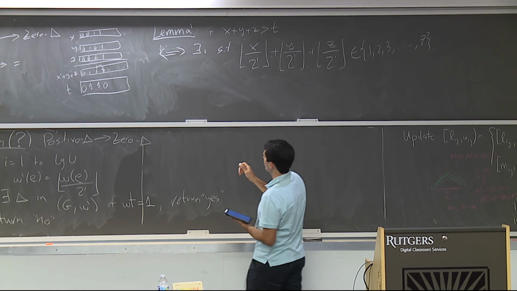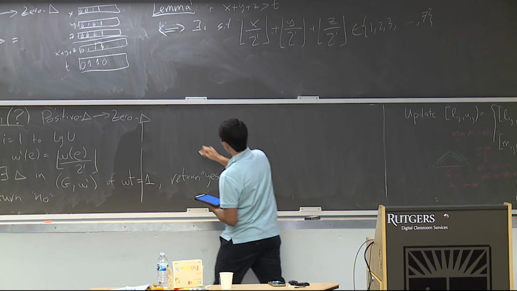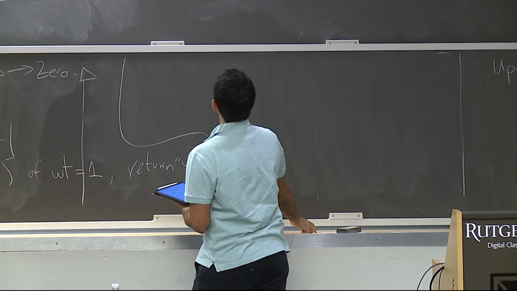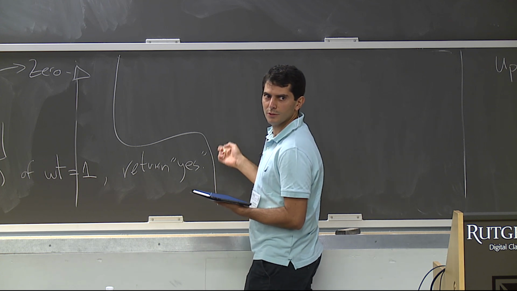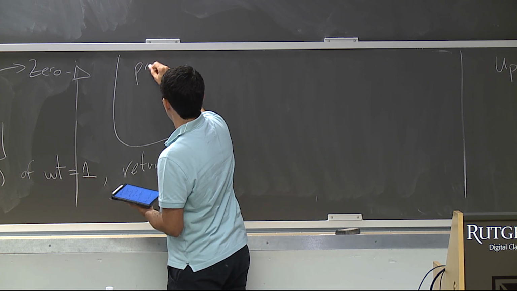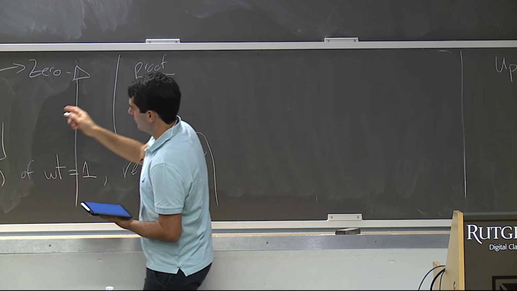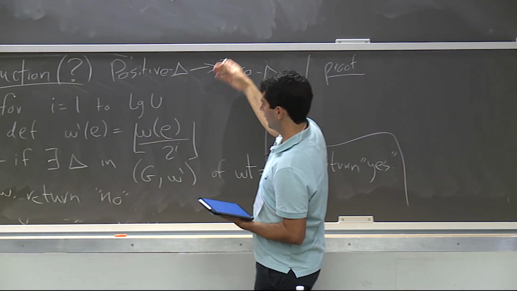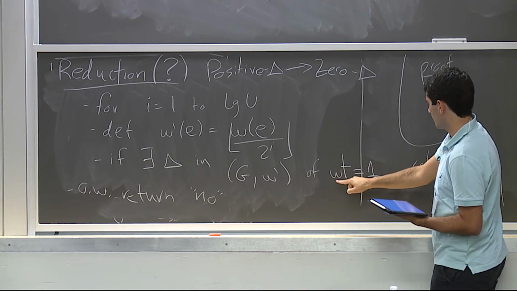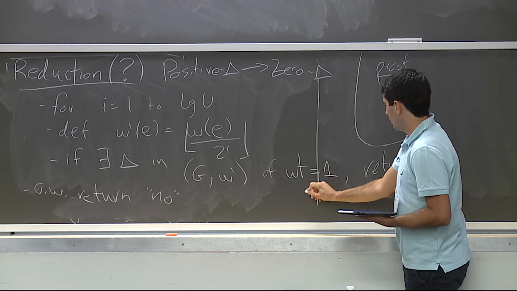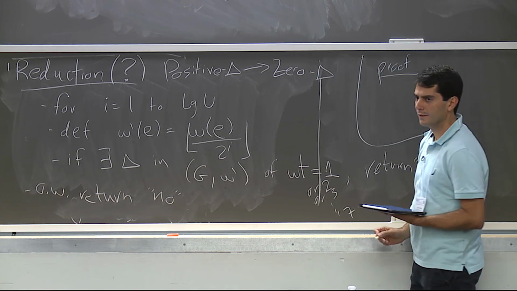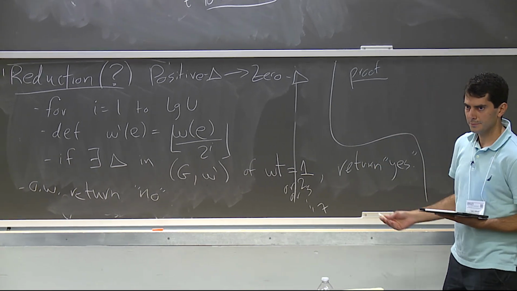Okay, so here's the proof. First, let me say, once we have that lemma, then we're done. The same reduction now works, except that we ask, is there a triangle of weight 0, or 2, or 3, or 7, and that's it.